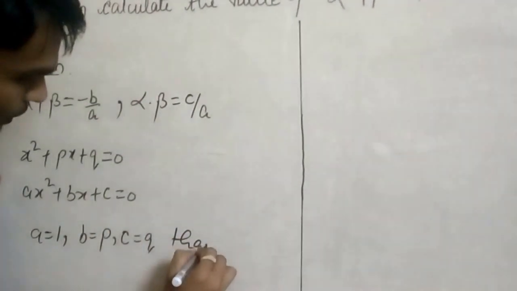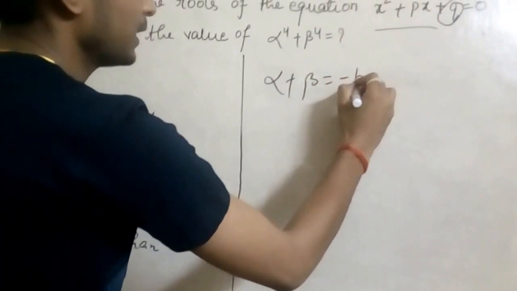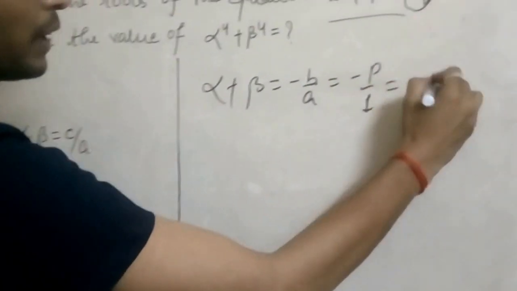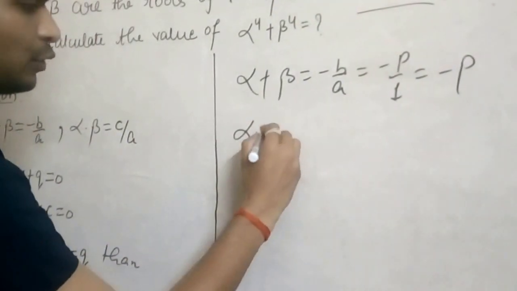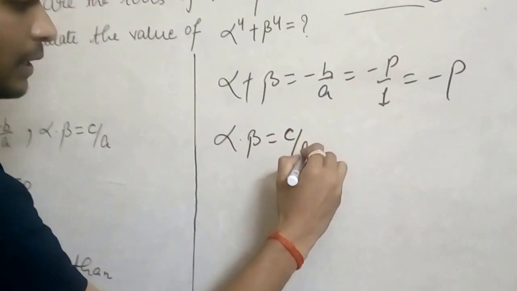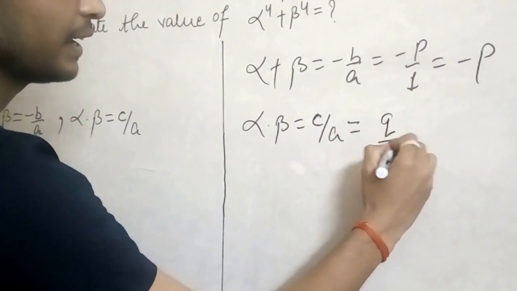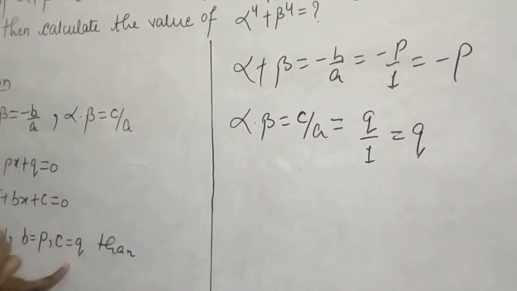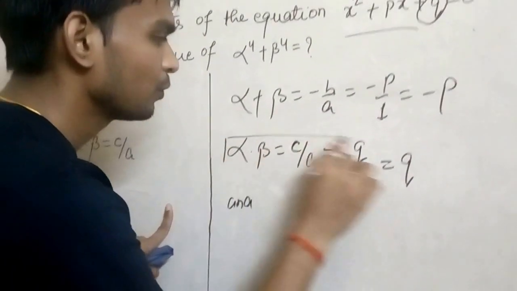Then we get alpha plus beta equal to minus b by a, which is equal to minus p upon 1 equal to minus p from here. And alpha into beta equal to c by a, where c equal to q and a equal to 1, then we get q.